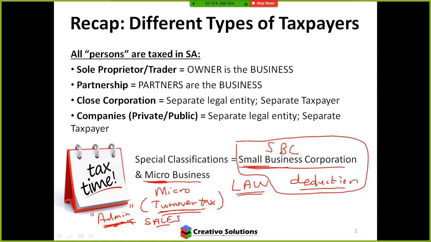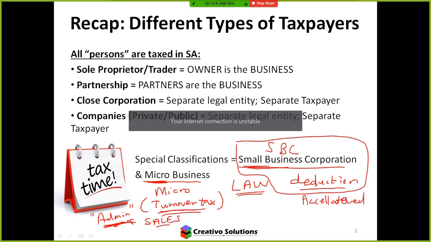So, for example, machinery, vehicles, those large items of equipment and machinery that a business would need to operate, that would fall under the SBC, and then you have accelerated deductions.